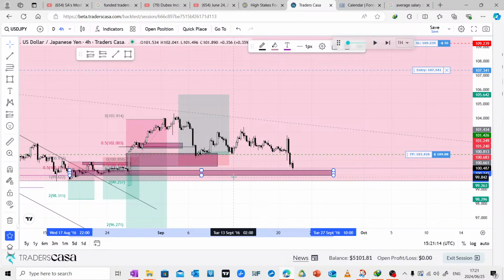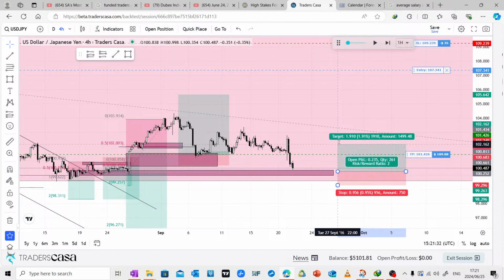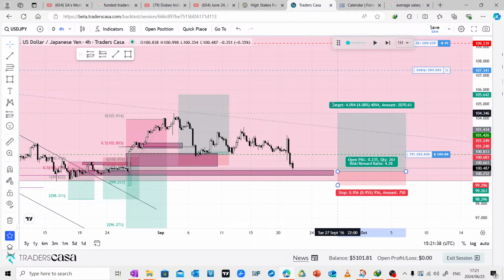So I feel like if it breaks, it's gonna keep pushing to the downside, but if it doesn't, it's gonna push to the upside. So let's go long again. One more try. Put our stops, put a 90 pip stop loss. Target the highest first, partial profit, second one, third, and then fourth.